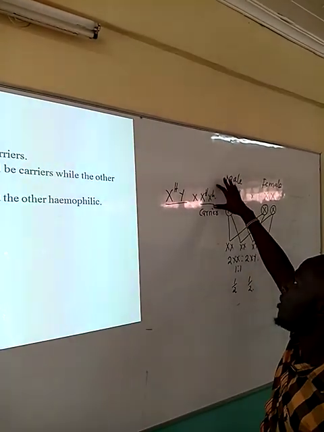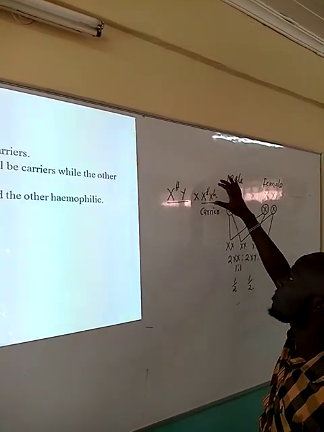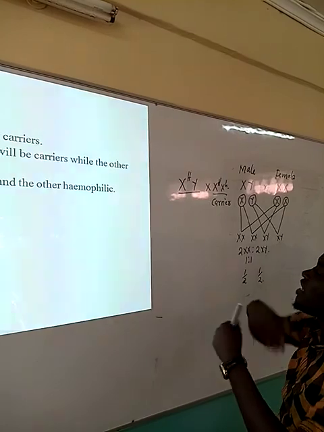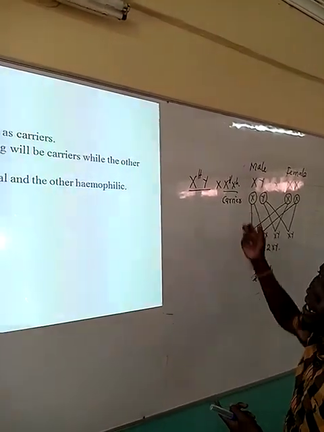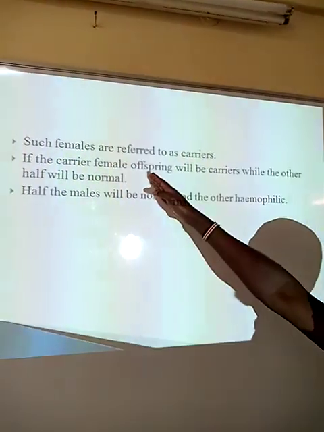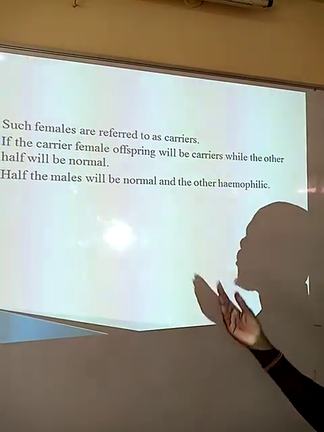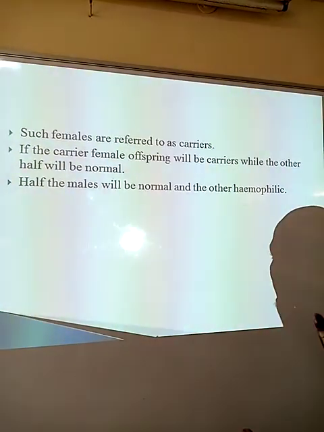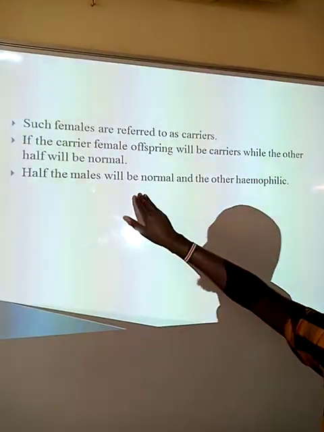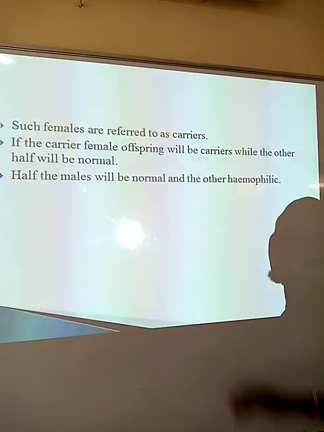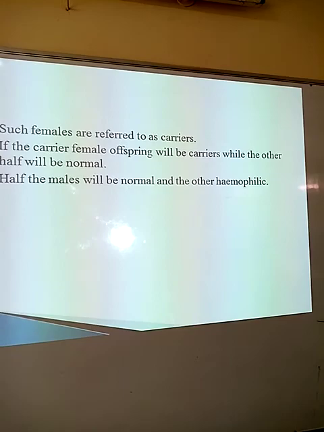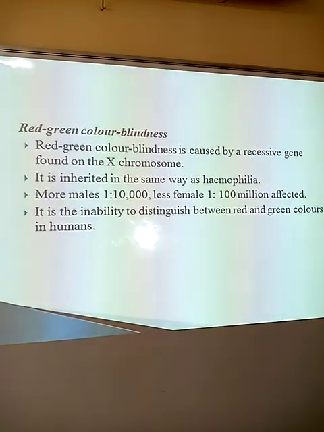This is a carrier. But phenotypically, this person is normal. But genetically, the person is a carrier. So if we cross the carrier female, half the offspring will be carriers while the other half will be normal, and half the males will be normal and the other half will be hemophiliac.